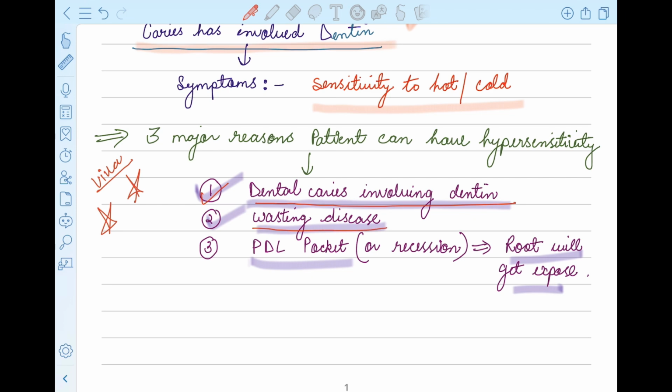You must have studied about attrition, abrasion, abfraction. All these are wasting diseases. Third is periodontal pocket or recession. In case of pocket formation or recession, the root will get exposed and it will feel hypersensitive. So basically these three are the reasons why a patient feels hypersensitivity.